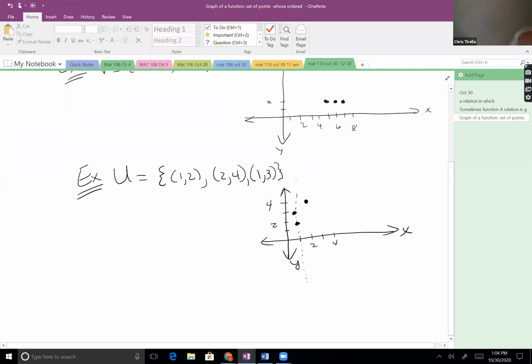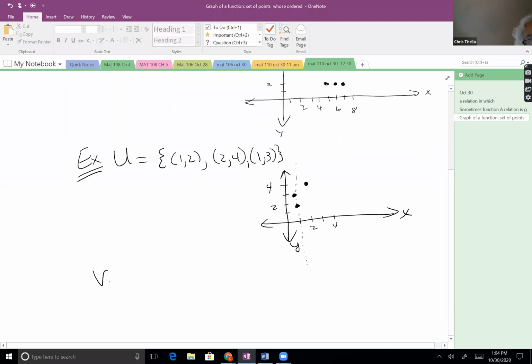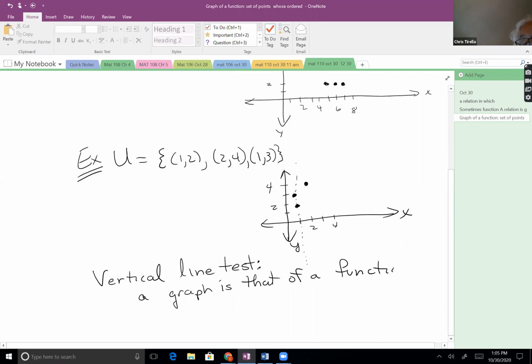And that leads me to the idea of something that's called the vertical line test. That says a graph is that of a function if any vertical line intersects the graph at most one point.